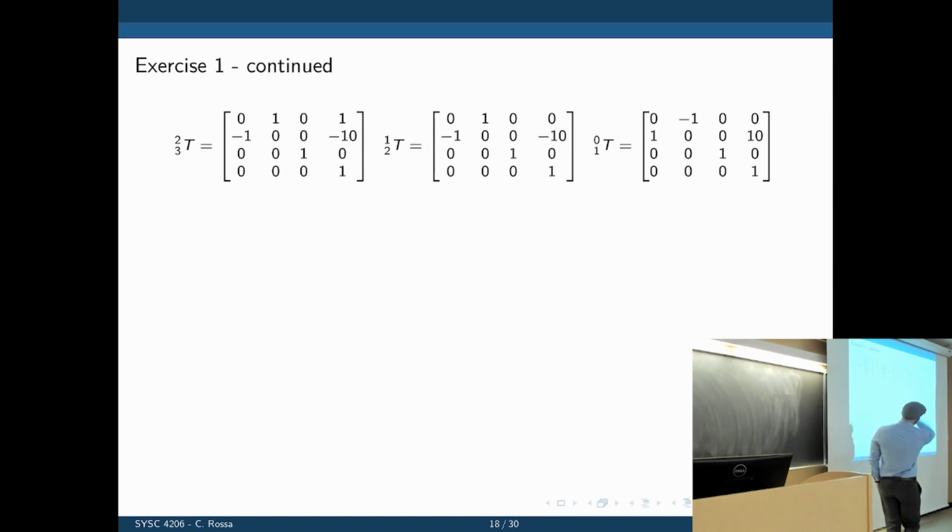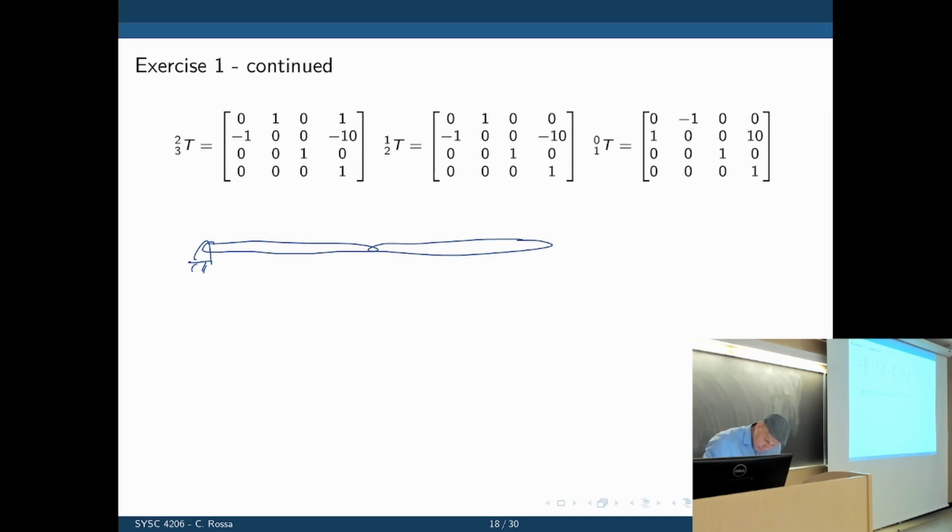Now let's see what this means. Let's look at the first one there. The first one is saying we had a manipulator that had 3 links, like that. Let's look at the first link only, because we're only dealing with the first transformation. Where are the frames here? This is Z0, X0, and Y0.